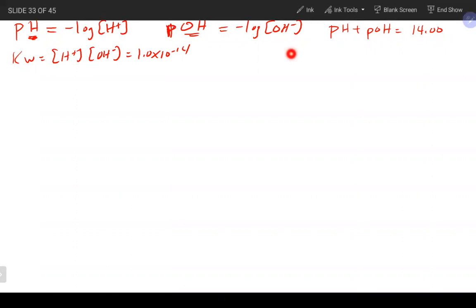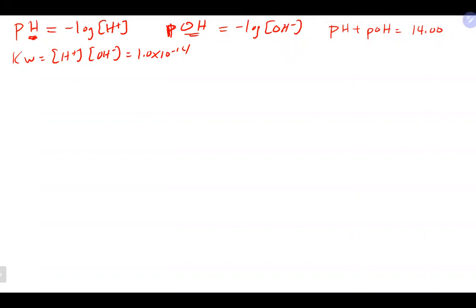A couple of other important calculations that we might want to add to our list: if you have the pH, you can get the H plus concentration directly from the pH value by taking the inverse log of the negative pH. On most calculators, to get to the inverse log, that is the second button or the shift button up on the top left of your calculator and the log button.